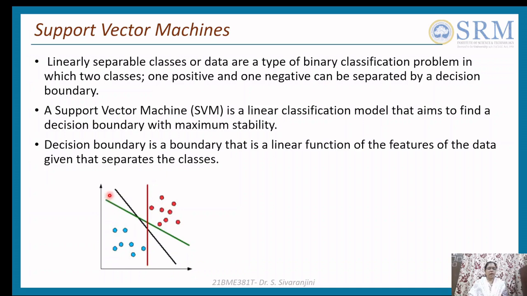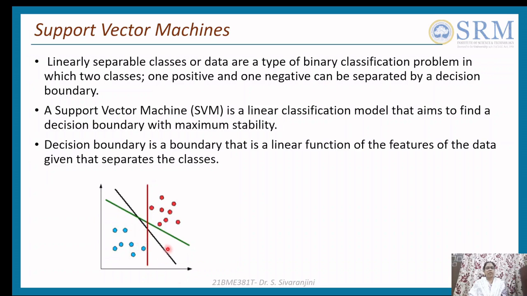We add margin lines above and below the hyperplane, such that the margins are closer to the data points of the two classes. The hyperplane is the decision boundary line that separates the two classes.